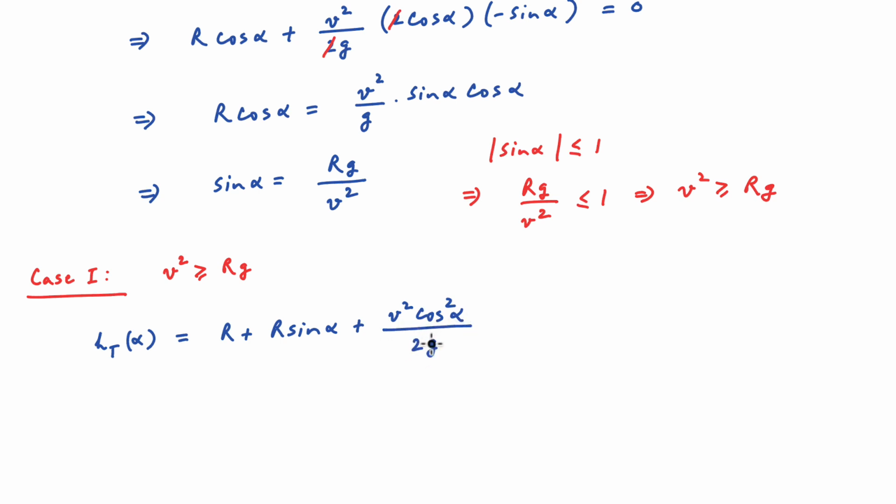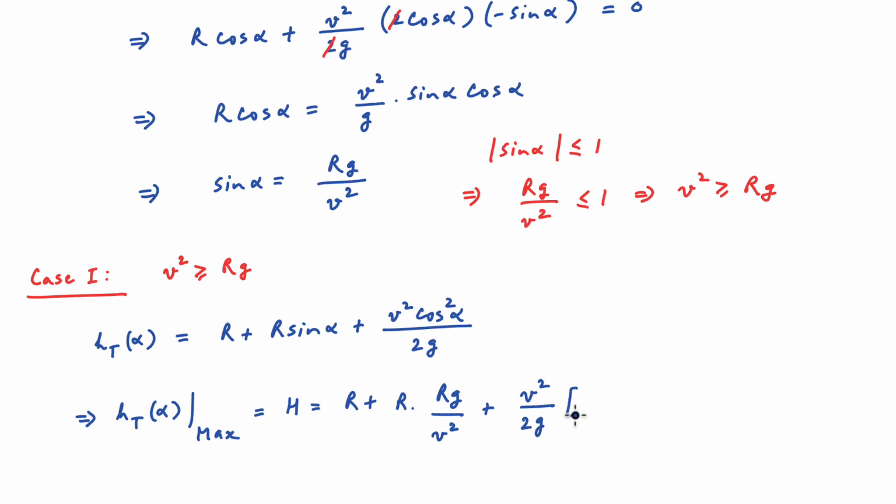Substituting the value of sine alpha derived above for maximum height h(alpha), let's denote it by capital H, is equal to r plus r times rg upon v square plus v square upon 2g times cos square alpha, which is equal to 1 minus sine square alpha.